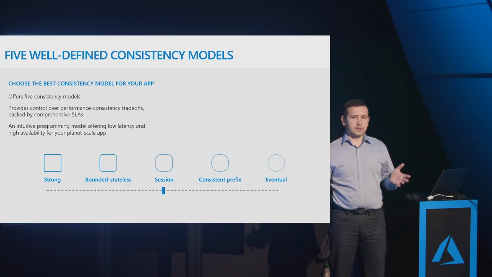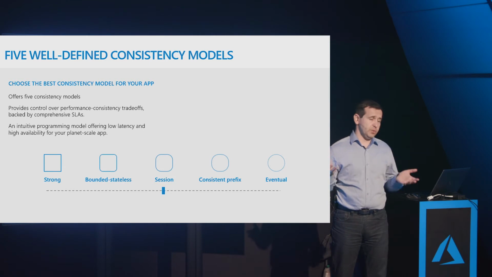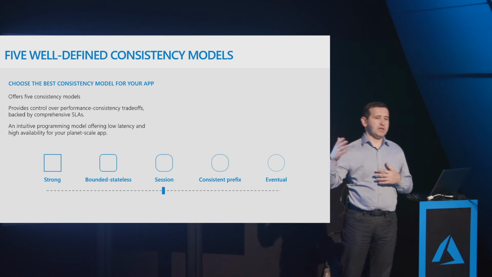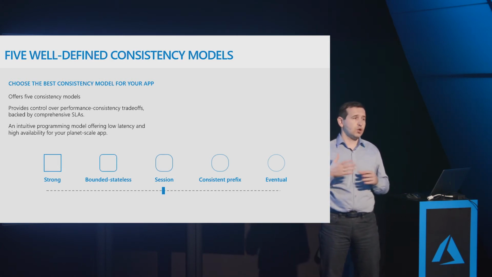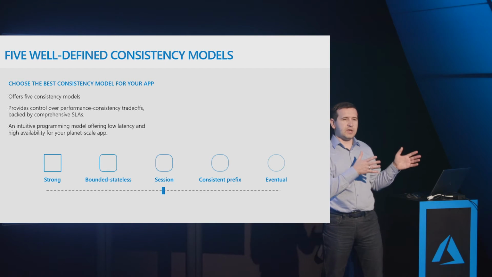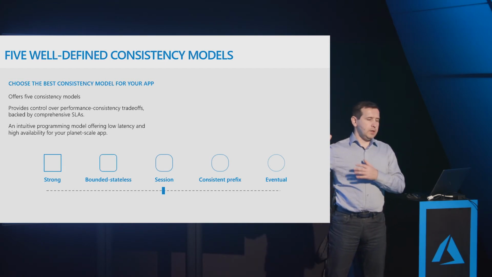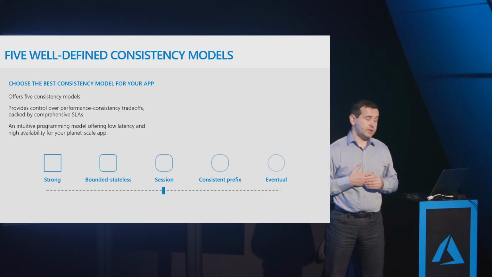If you have a data access layer that connects to the database, it will be a single session. If you have a device that connects to Cosmos DB, it will be a single session. So it actually makes sense to provide session consistency in most cases, and not strong, because strong is super expensive. It needs to replicate the data before the data becomes available for reads.